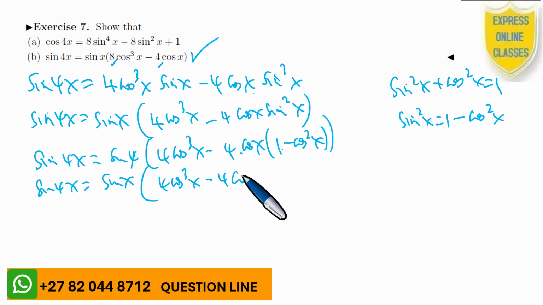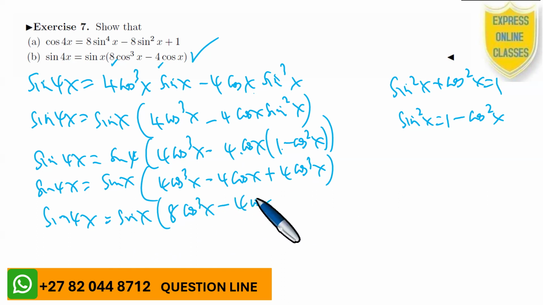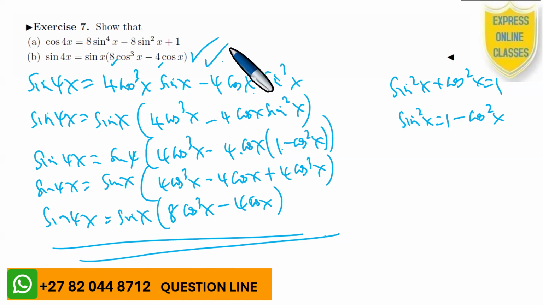Multiply, this is minus 4 cosine x plus 4 cosine cubed, which is 8 cosine cubed x minus 4 cosine x. Right, this is the answer. Okay, that was problem 7.